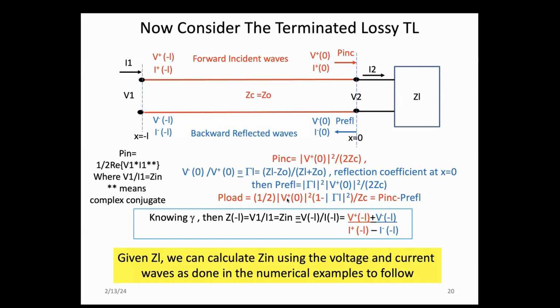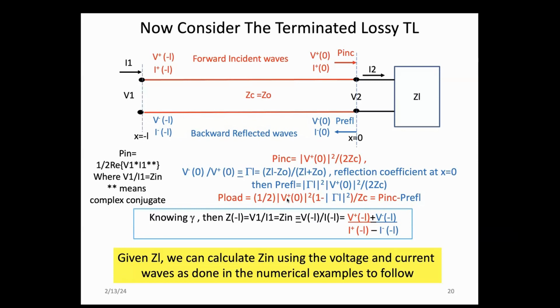In addition, we can form the ratio of the reflected wave voltage amplitude to the forward voltage amplitude at x equals 0, and we define that as the reflection coefficient. In terms of the load impedance and Z0, it's this expression, ZL minus Z0 divided by ZL plus Z0. So if ZL is equal to Z0, there's no reflection. Gamma is 0.